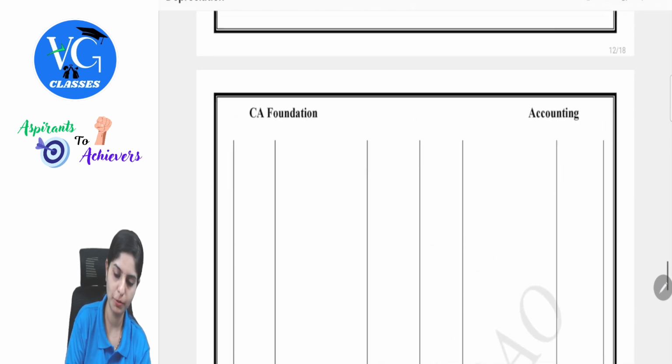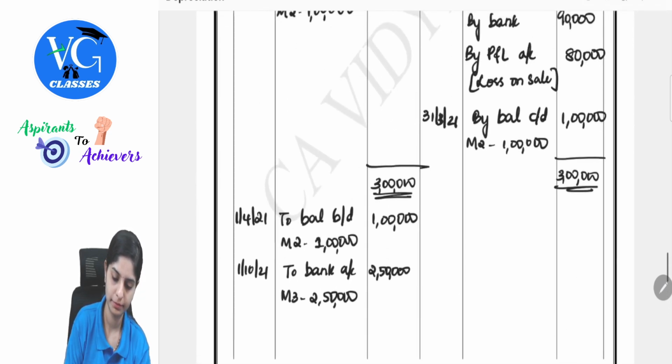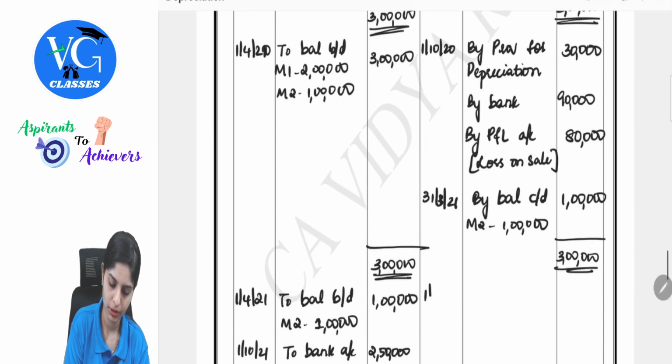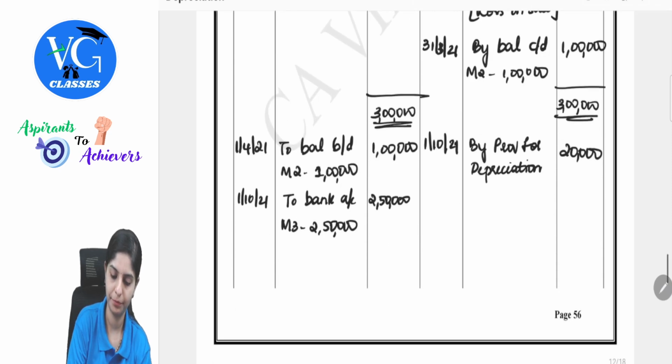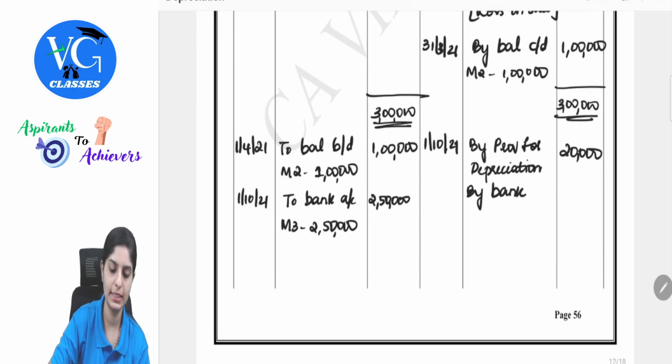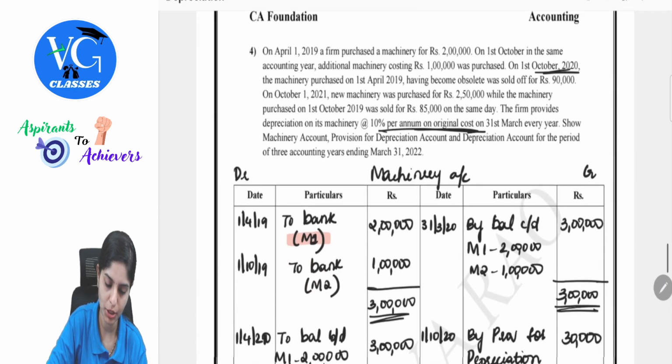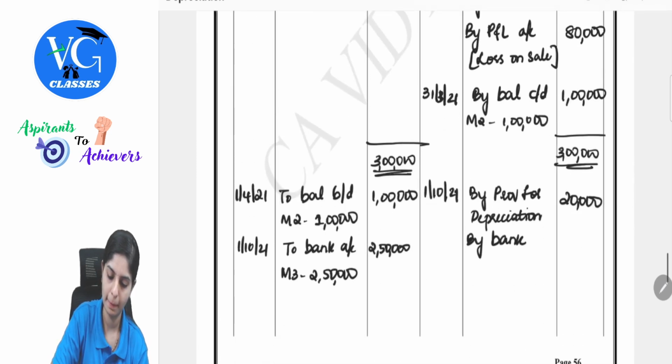So by provision for depreciation, 1st October, 20,000. By bank, this asset is getting sold for how much? 85,000.